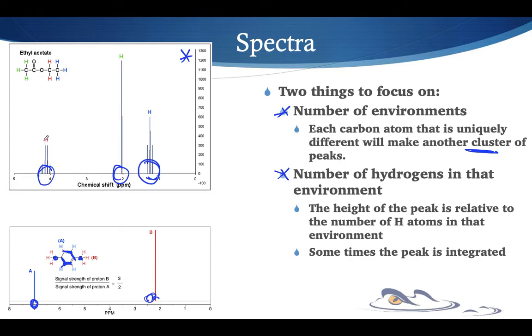Now, those of you who have had calculus know that when we integrate something, it's taking what we call the area under the curve of the graph, right? So this isn't just a peak that goes up. This is like a curve. And then what the computer can do is measure the area under the curve.